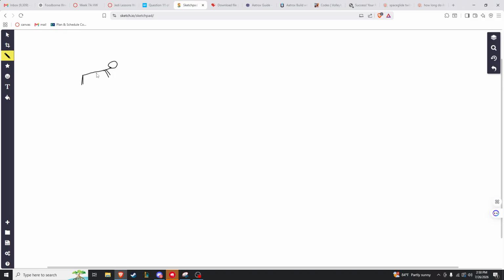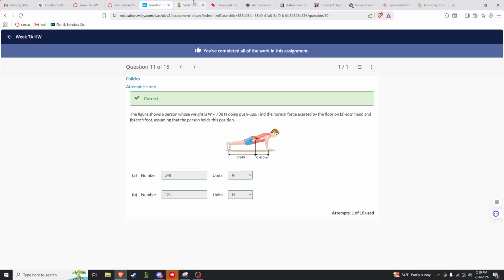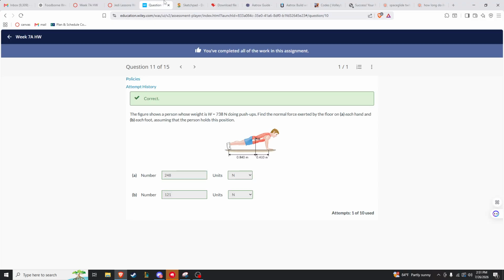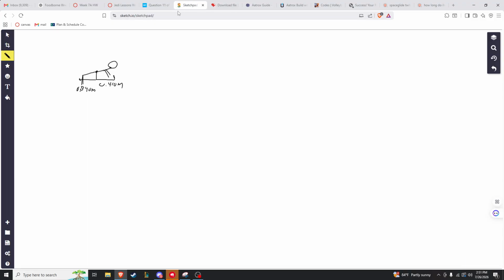We have the center of gravity here, 0.410 meters to the right, and to the left, 0.840 meters.